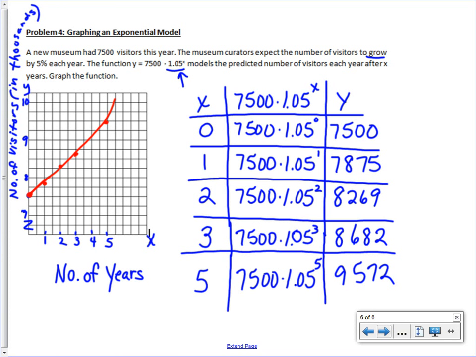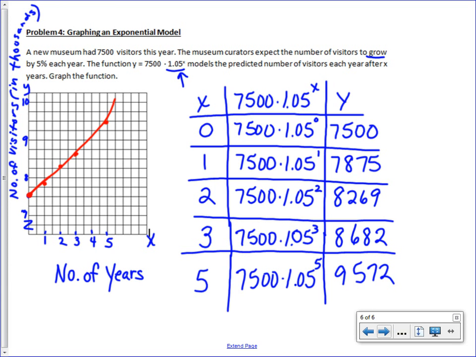Now this may look kind of like a straight line, and that's because the growth is very small each year, 5% each year. But the more years you carry it out, the more likely you are to see a curve to the line.